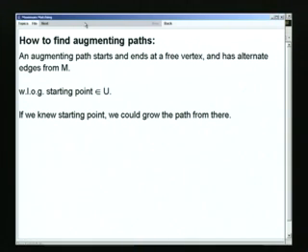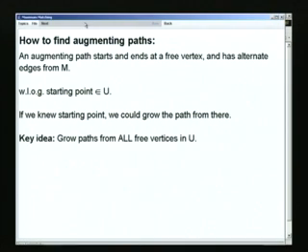So we could try something like depth first search and try going out from that vertex into the rest of the graph. But we don't know where it starts. So here is an interesting idea. Since we don't know where it starts, we are going to start growing from all the free vertices in U.